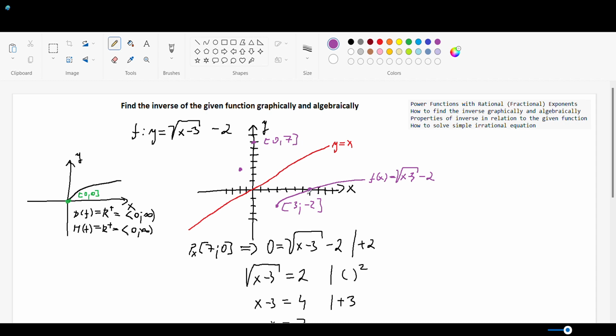So this point's coordinates are 7 and 0, and this point's coordinates are -2 and 3.